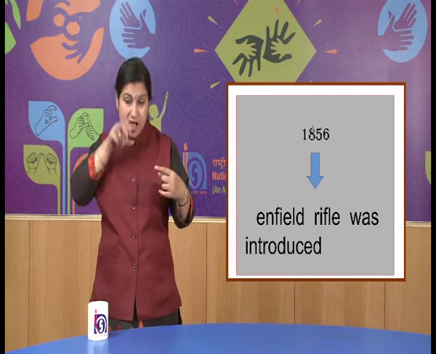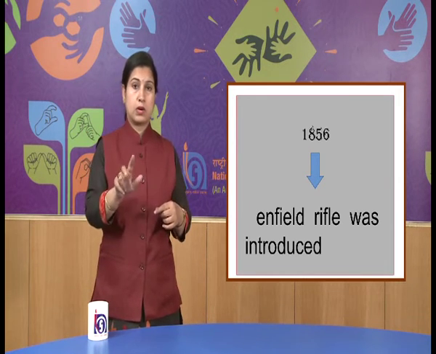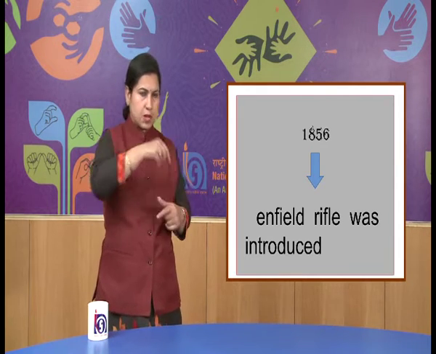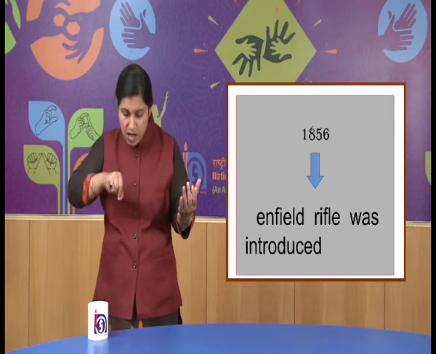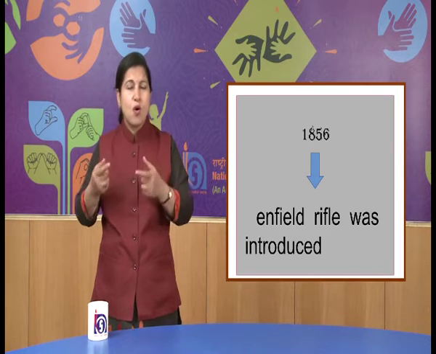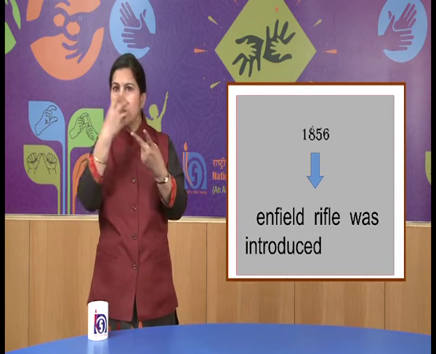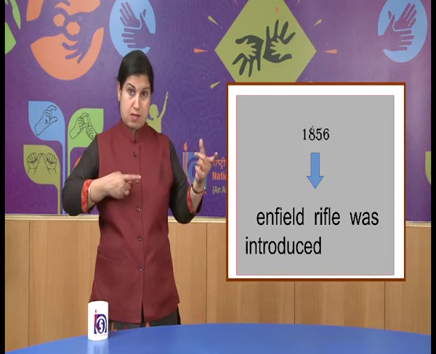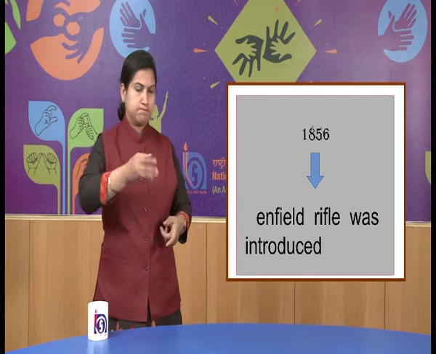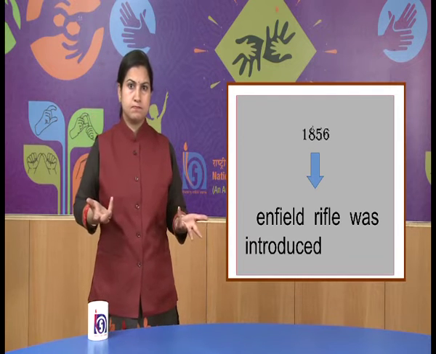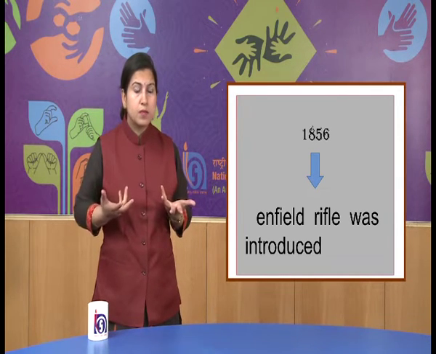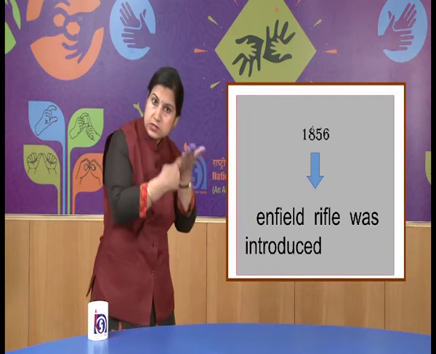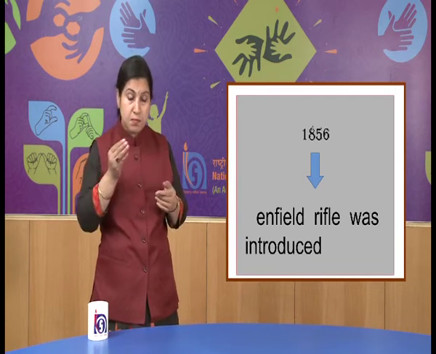In the year 1857, the soldiers came to know that the cartridge was made from parts of cow and pig. While the Hindus worship the cow and the Muslims consider pig as impure.